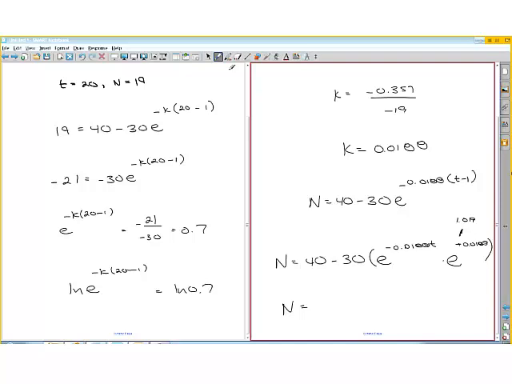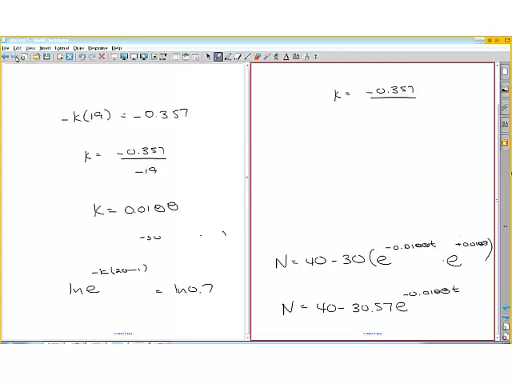Actually, it's not exactly that, but the book is slightly different just because we rounded off. So you have 40 minus 30.57 e to the minus 0.0188 t. So that's the correct solution. I'm just going to show how the book does it slightly differently.